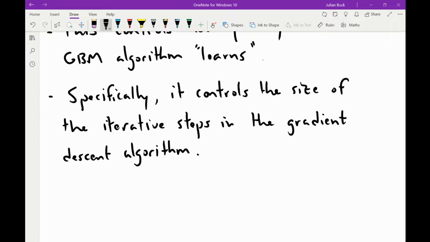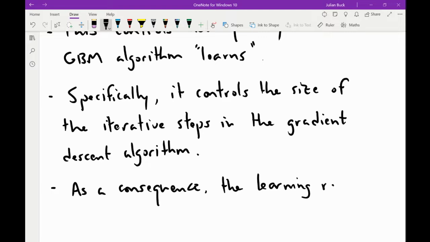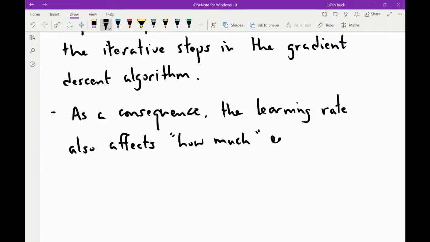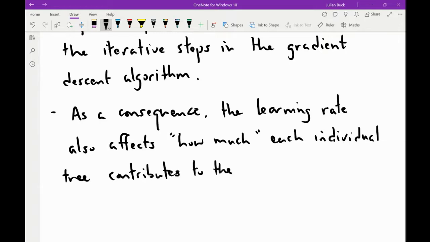So as a consequence of this, the learning rate, one way to think about how it's going to affect the model predictions, also affects in some sense how much each individual tree contributes to the overall ensemble prediction.